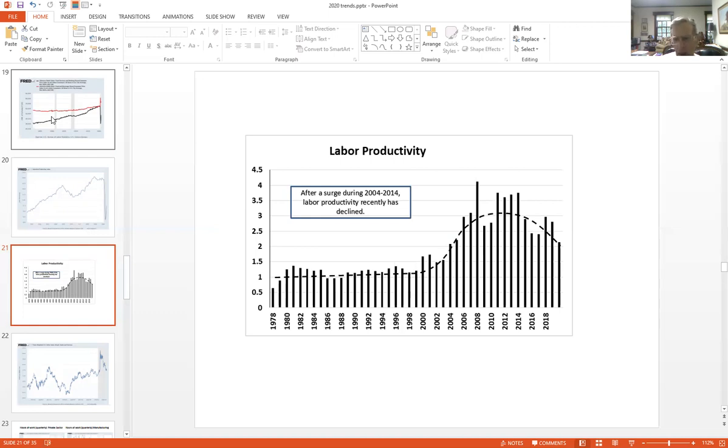And then, for a variety of reasons, which are not entirely known by me, productivity declined. But to the extent that productivity of labor declines, it's hard to get costs down, and it's therefore hard to get prices down.